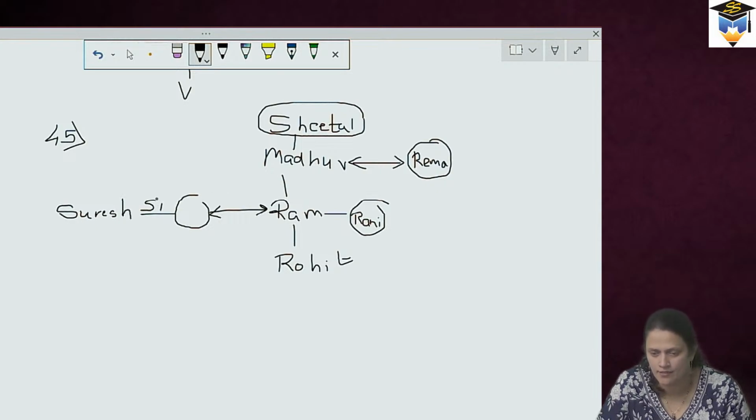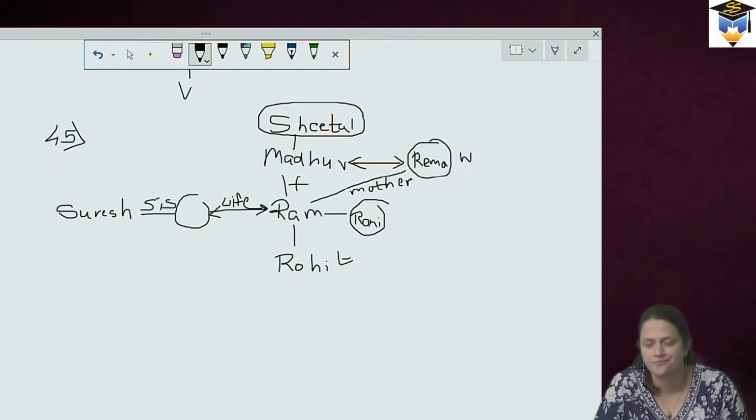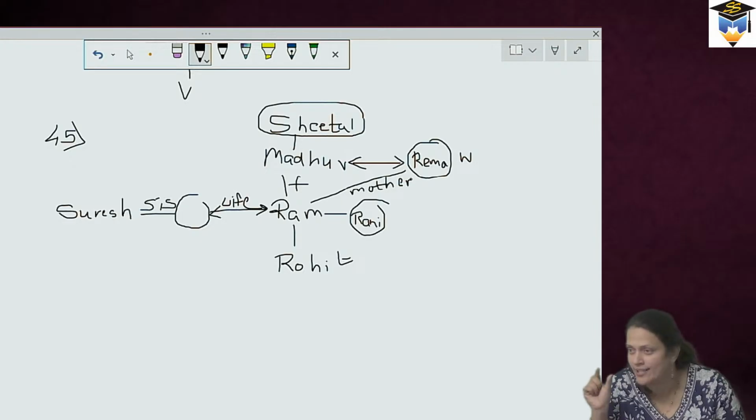And in between you can write down, this is the wife. He is the father Madhur, whose wife is Rema, basically Ram and Rani's mother. Finished? Understood? So go one step at a time, one sentence at a time.